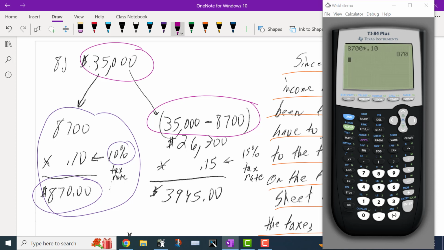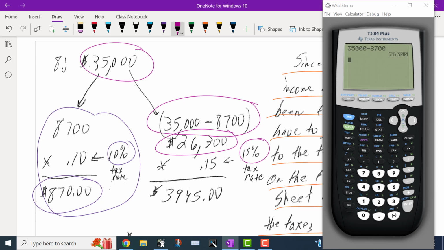So I'm going to take my calculator, take 35,000, and subtract the 8,700 that he has already paid the taxes on, and that comes out to be $26,300. And so on that $26,300, he's going to owe the 15% tax rate.